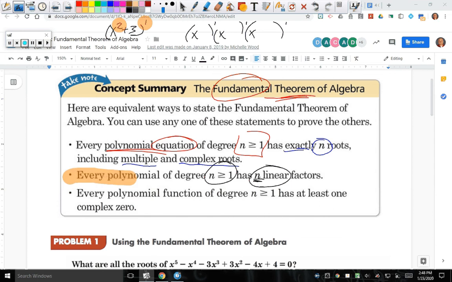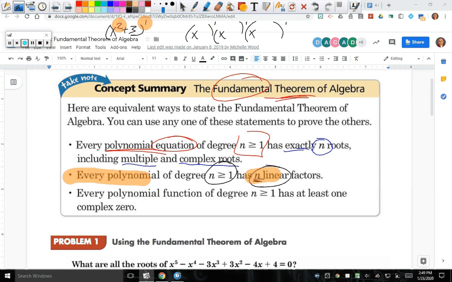What this is saying is that every one of these will be able to come down to x. You with me? How would x squared plus 3 come down? Setting it equal to 0. Difference of squares, but more so with complex roots.